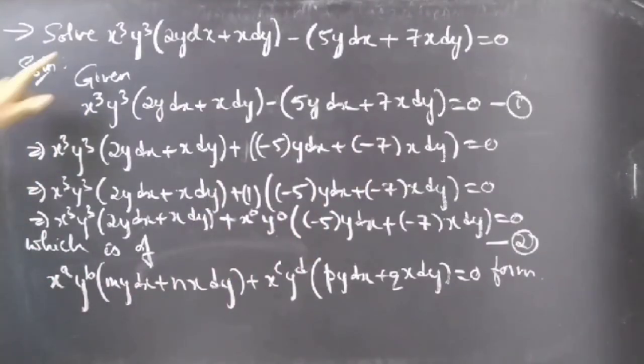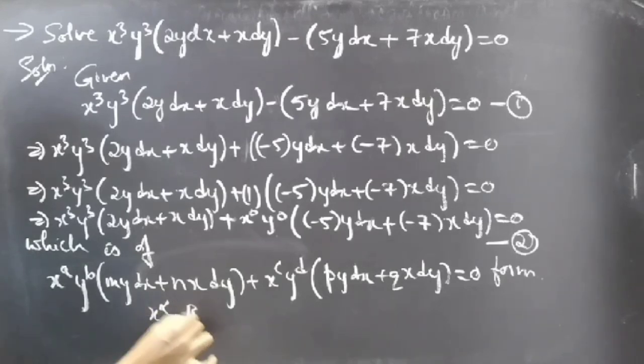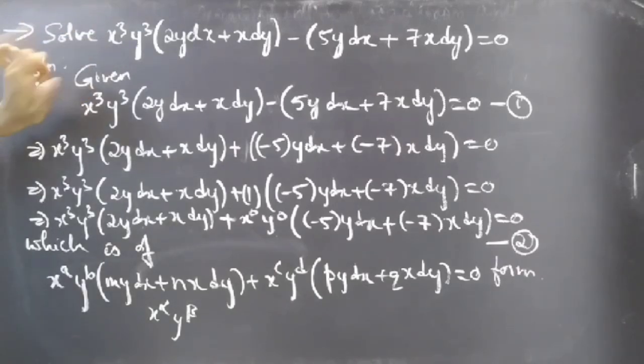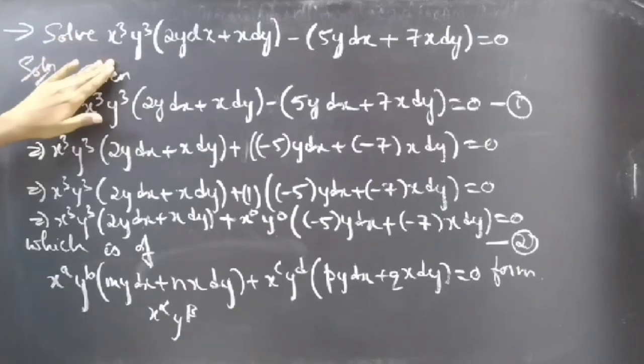Since the given equation is of this form, here x power alpha y power beta will be the integrating factor. See here, by looking at this we can say that it is non-exact and we need an integrating factor to solve this problem.